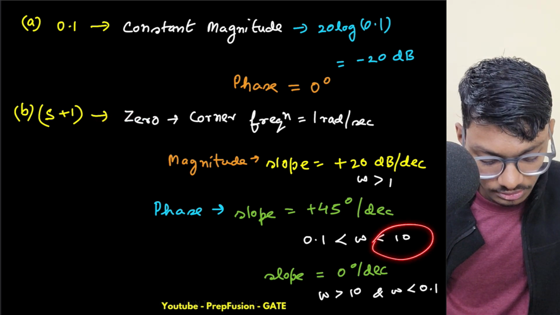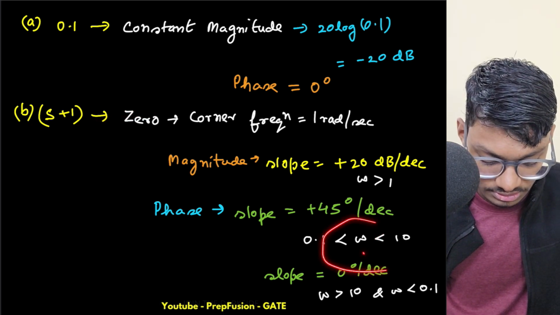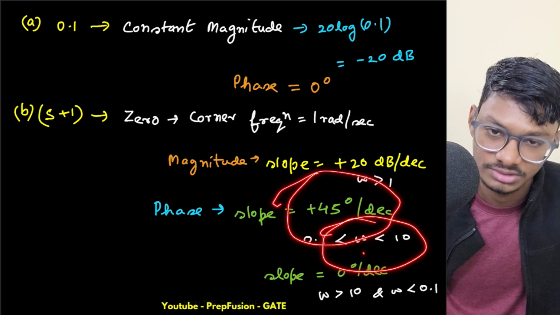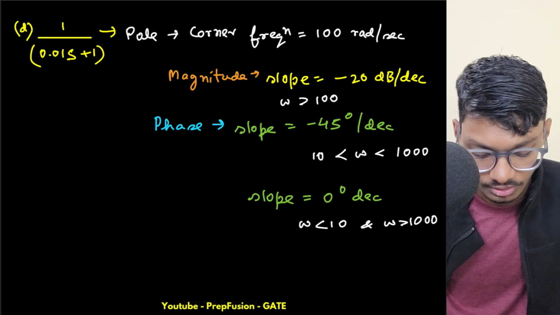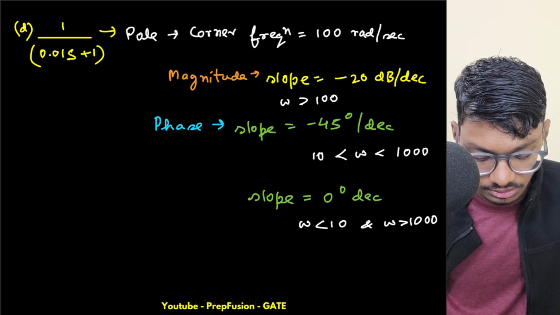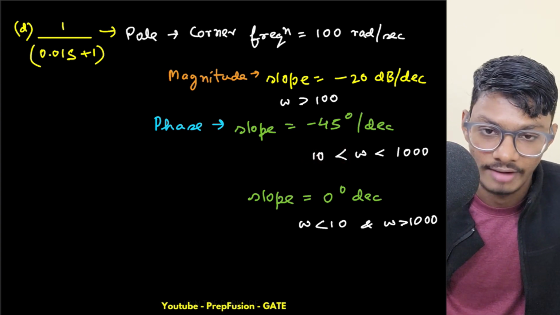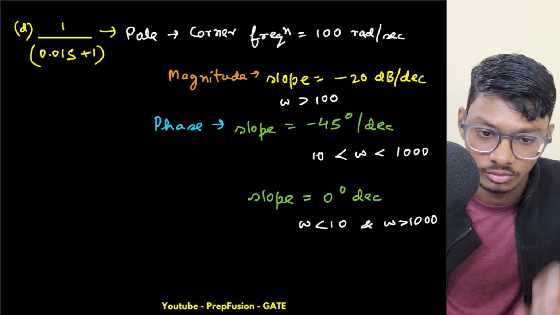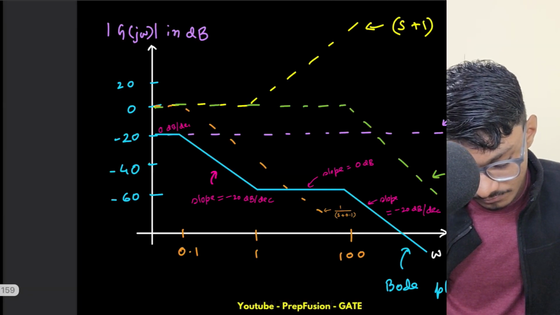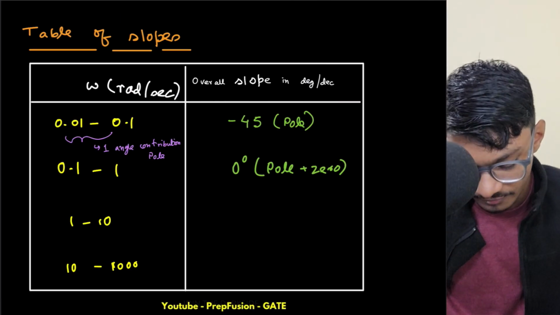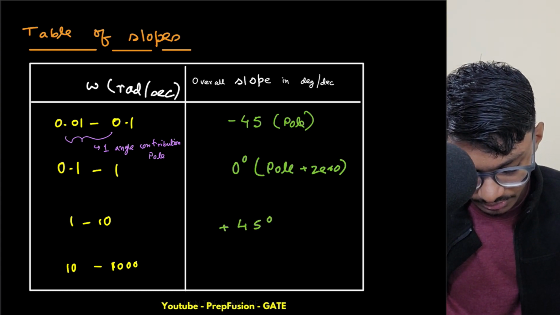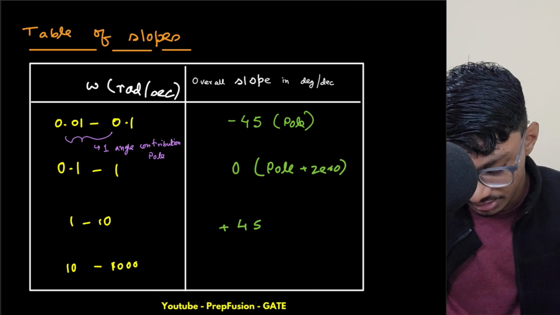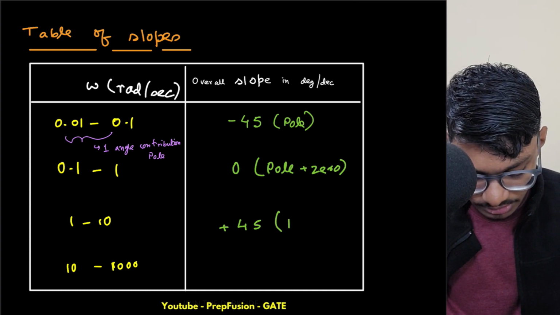Because this is 1 to 10, it lies in this range, so we will still get plus 45 degree per decade slope, but from this one we won't get any slope, because this is after 10 and we haven't even reached 10 yet. So obviously I will get only one slope of plus 45 degree per decade. I won't write degree because it is already written there, and this is only 0.